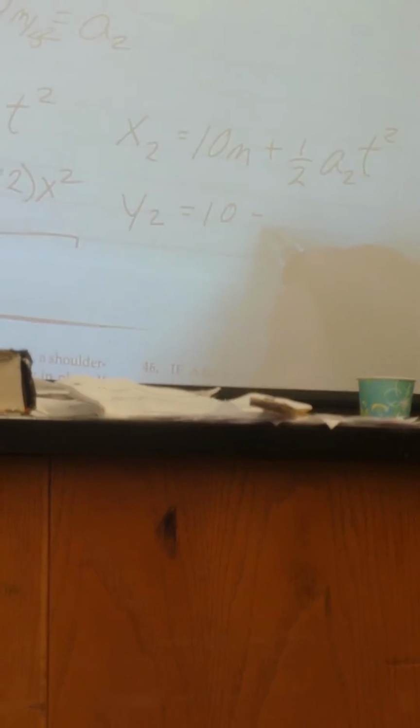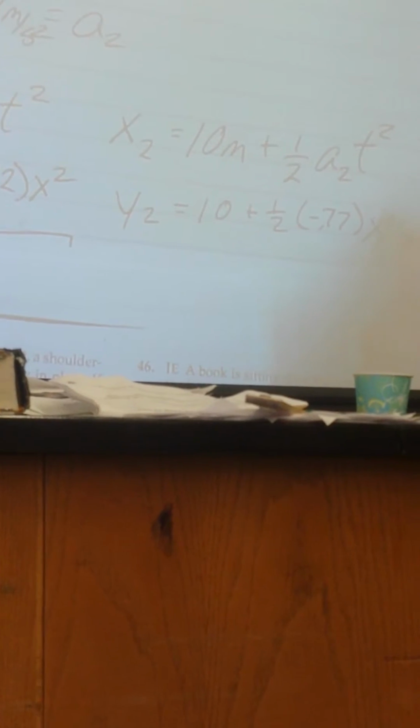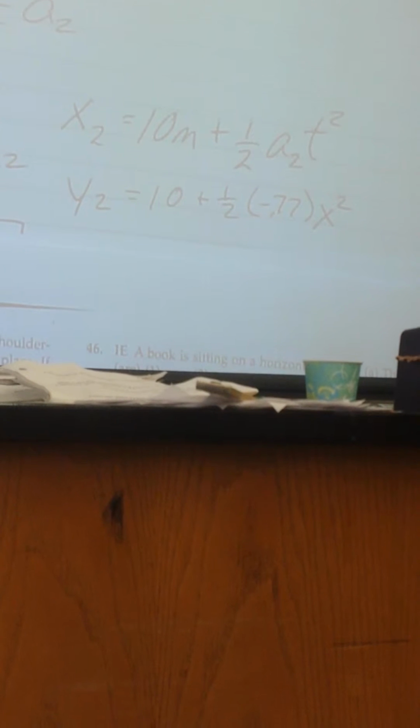You would enter this in as 1/2 of 0.92 times x squared. And this would be 10 plus 1/2 of negative 0.77 x squared. And you'll find out where those two things meet.